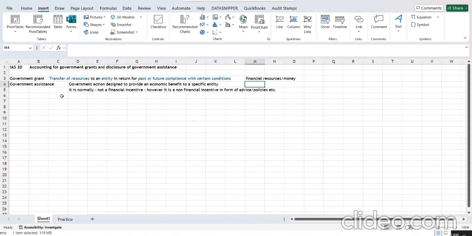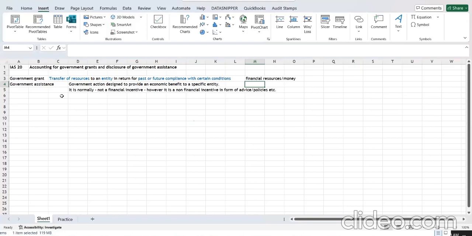So those sort of things we do not value in our books, but we disclose it in our financial statements, that we have got this sort of assistance from the government, and because of this assistance we are meeting certain financial and non-financial targets of our company, right?